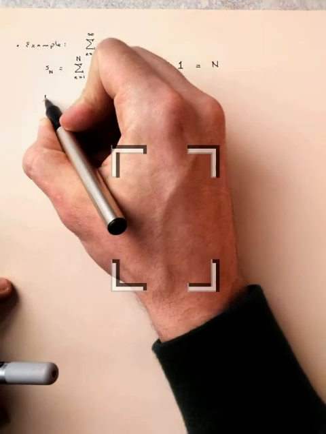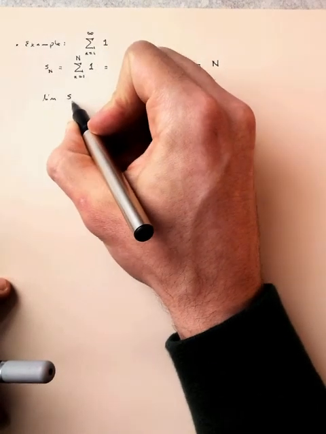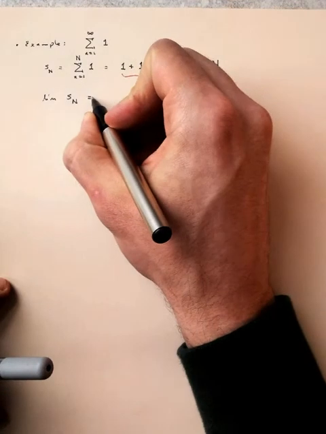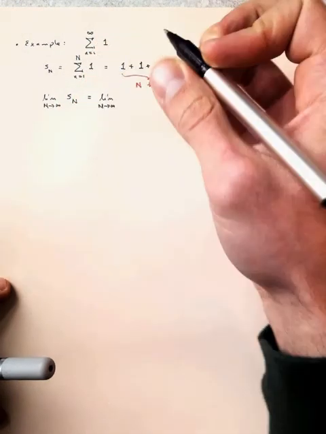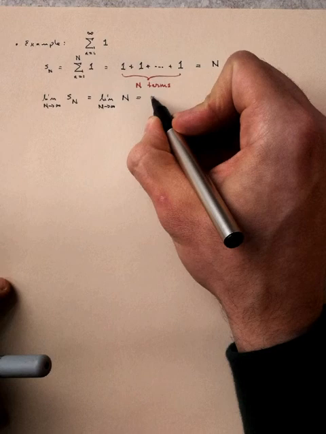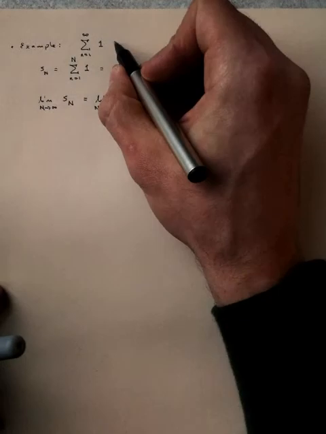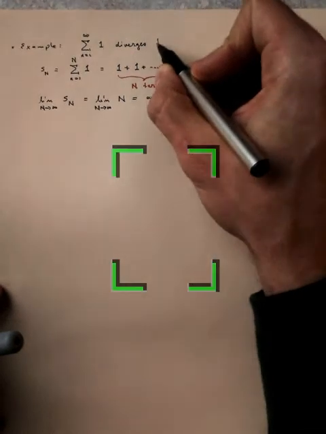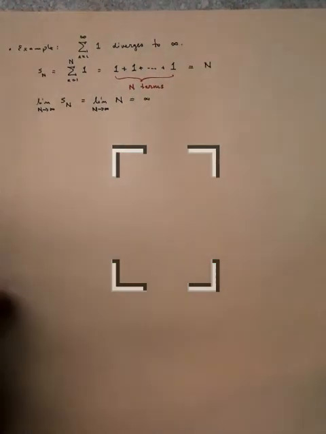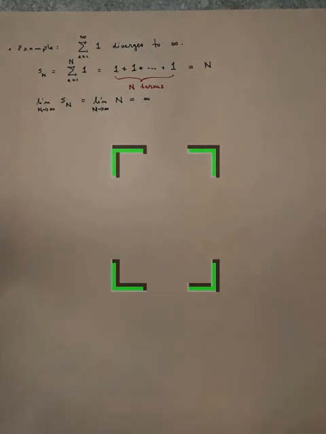So you can see that the limit of Sn is equal to the limit of just n, which of course is infinity. So this sum diverges. Okay, which makes sense. If you add 1 to itself infinitely many times, you would expect to get infinity, right?